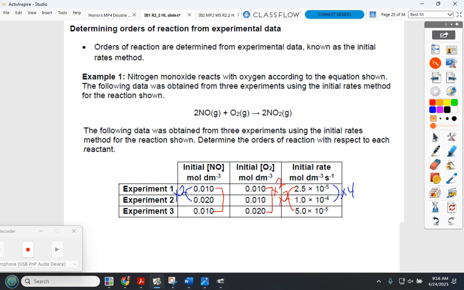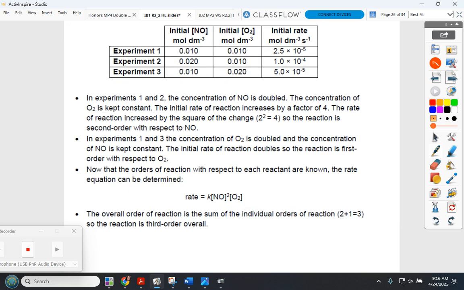So then we can say, what's the order of reaction for each reactant? So if when we double it, we get quadruple, what is the order with respect to NO? 0, 1, or 2? Actually, it's probably on there, isn't it? On the example? Yeah. Okay.